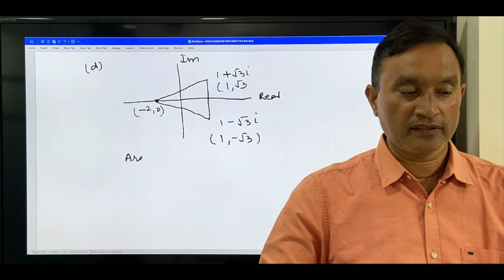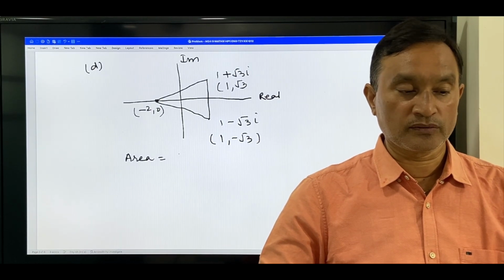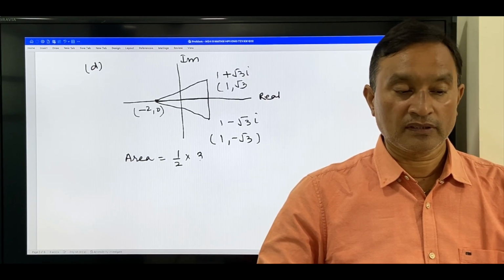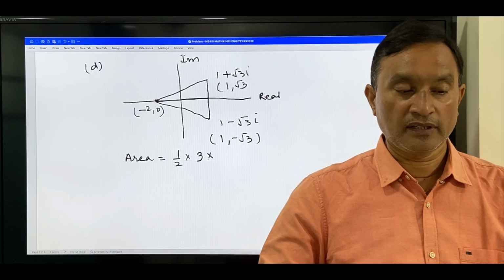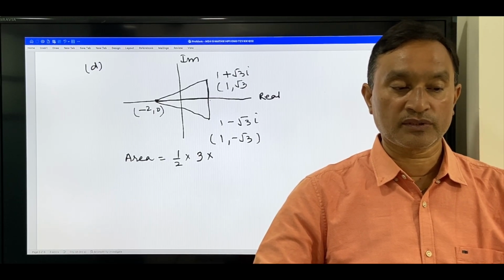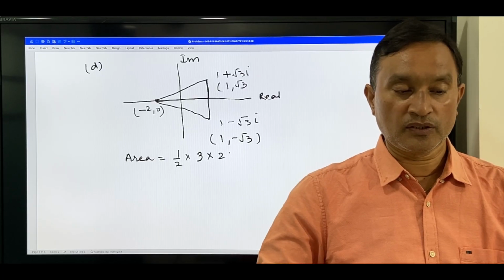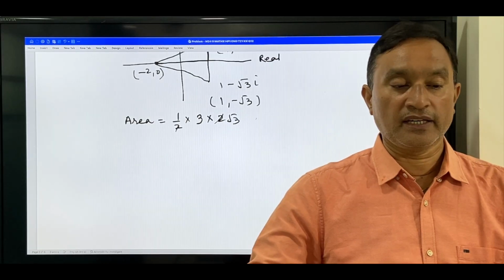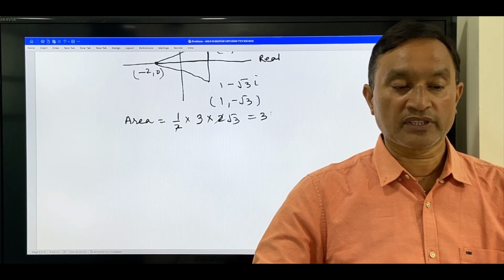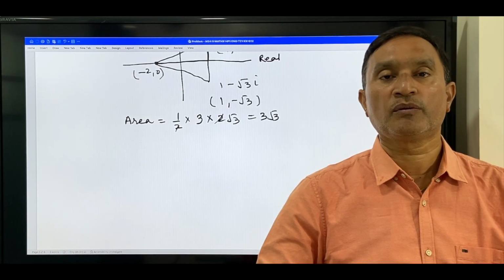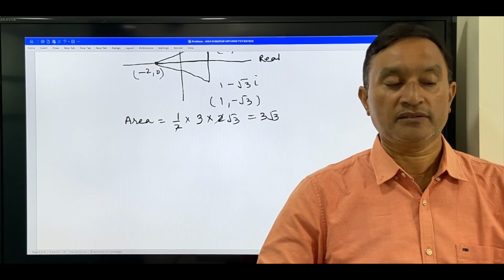So area is equal to 1 upon 2 into, now here this length would be 3 units, into this base, which would be root 3 and root 3 down, so it would be 2 root 3. 2 gets cancelled, and the area of the triangle would be 3 root 3. So this is the answer of D part. Now we will proceed to E part.